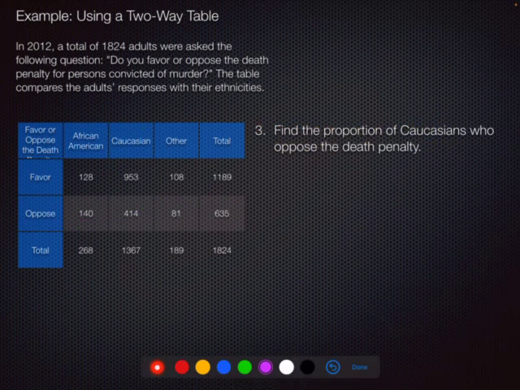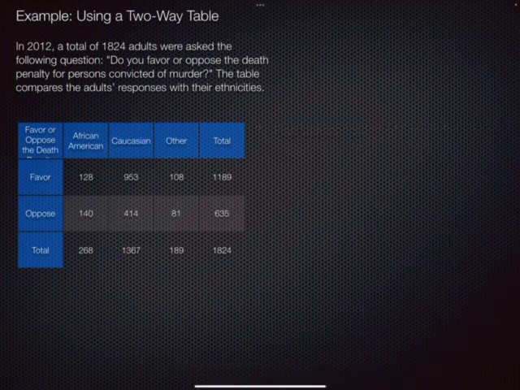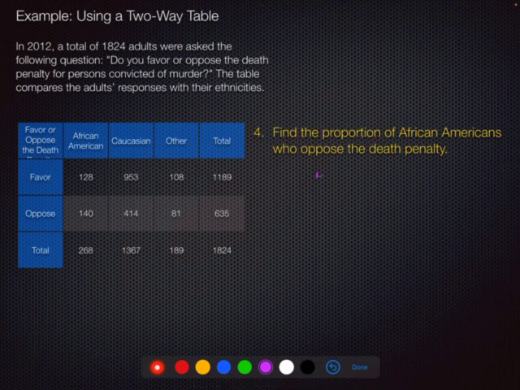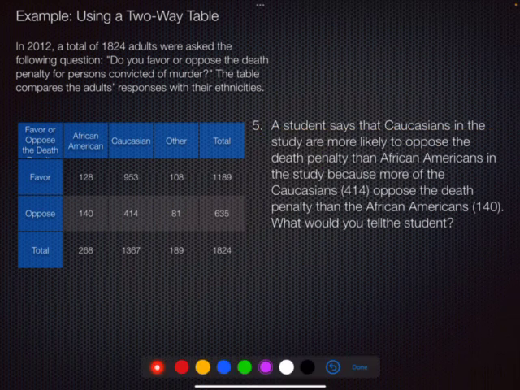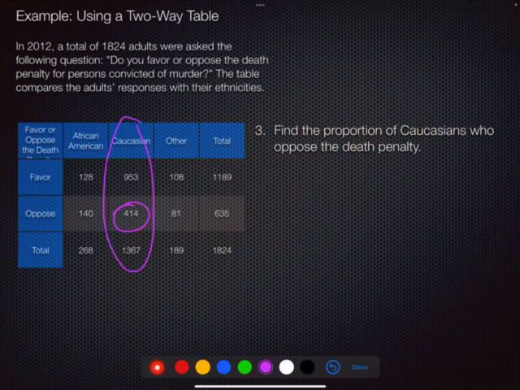Question number 3. Find the proportion of Caucasians, so we're in this column again, who oppose the death penalty. So that's given with a proportion again, and that's just going to be 414.